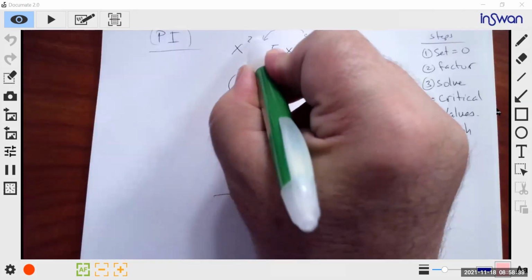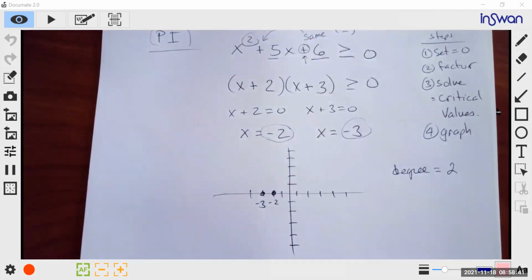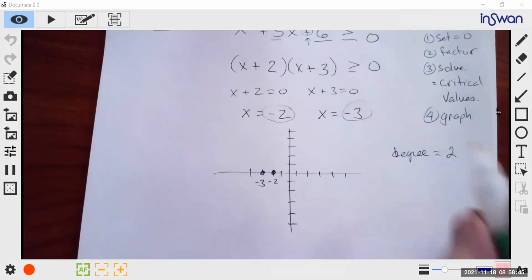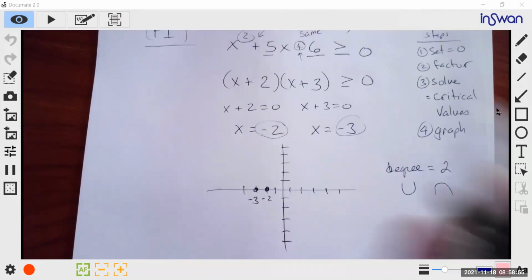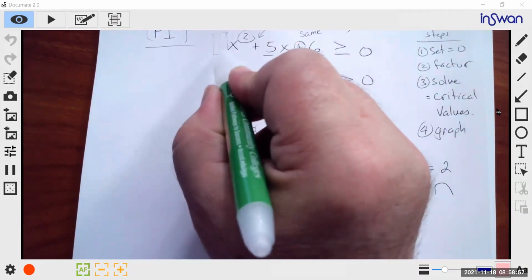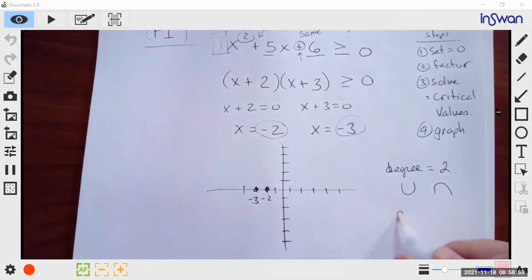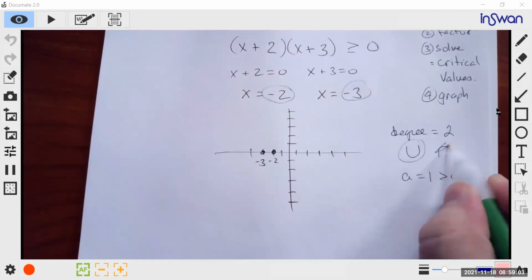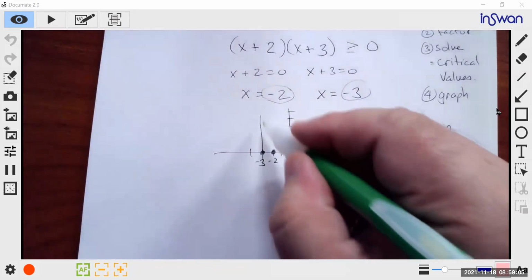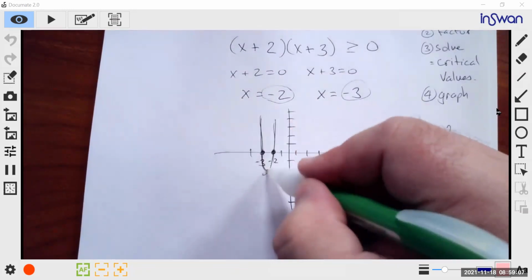Degree is 2. It's the largest exponent. A degree 2 equation looks like what? It's a parabola, right? Since the leading coefficient is 1, it's positive, and that's greater than 0, it opens up. So we know the graph here looks something like this.